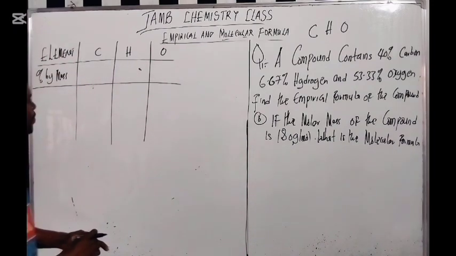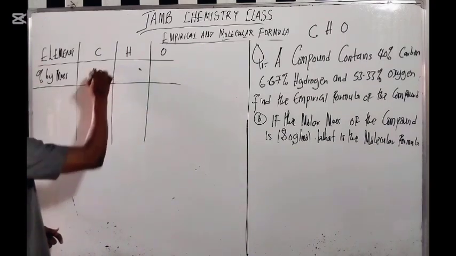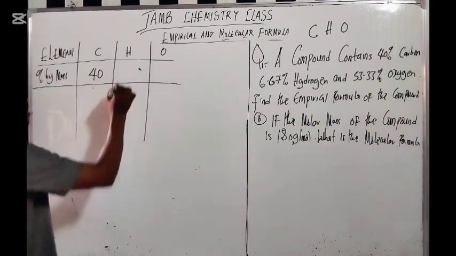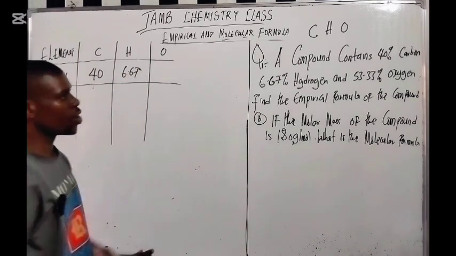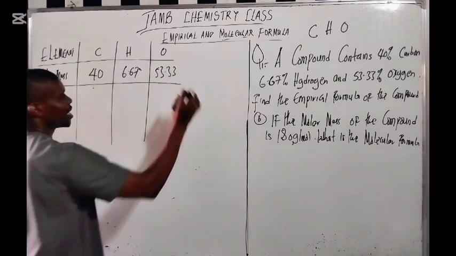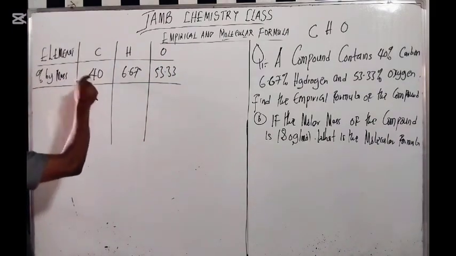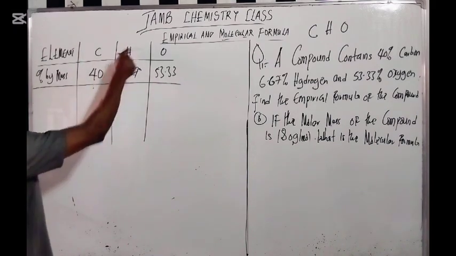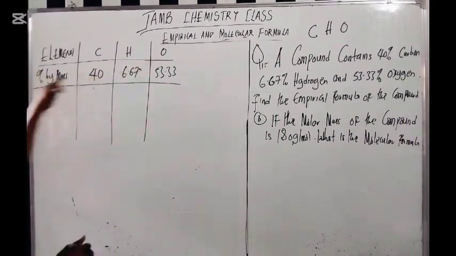Carbon is 40, hydrogen is 6.67, then oxygen is 53.33. There's no point putting the percentage sign again, because this column already says percentage. Do you understand? Now the elements and percentages are here.